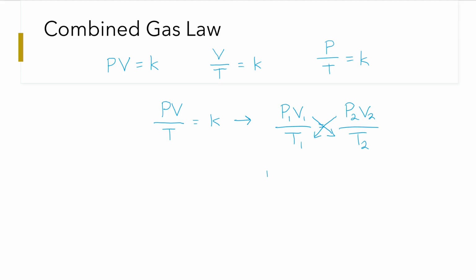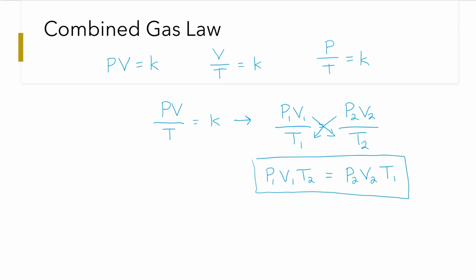And when I do, I get P1 V1 T2 equals P2 V2 T1. So that's what I want y'all to write down. This is the combined gas law. It has all three variables and the relationship between the three: pressure, volume, and temperature.